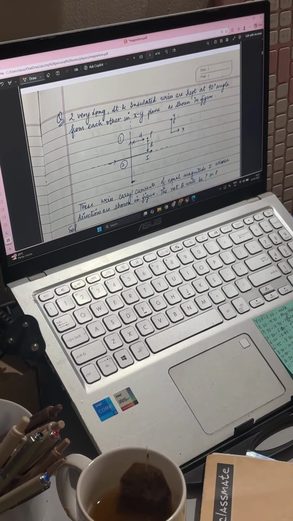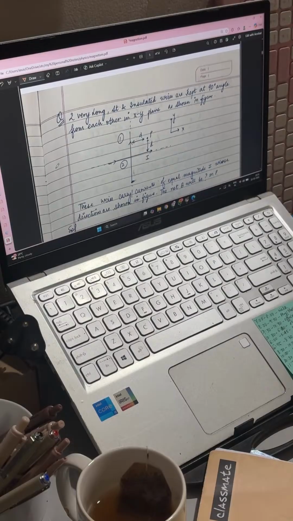Two very long, straight and insulated wires are kept at 90 degrees to each other in the X and Y plane. Again, long means infinite. They are kept with an intersecting point, at 90 degrees to each other.